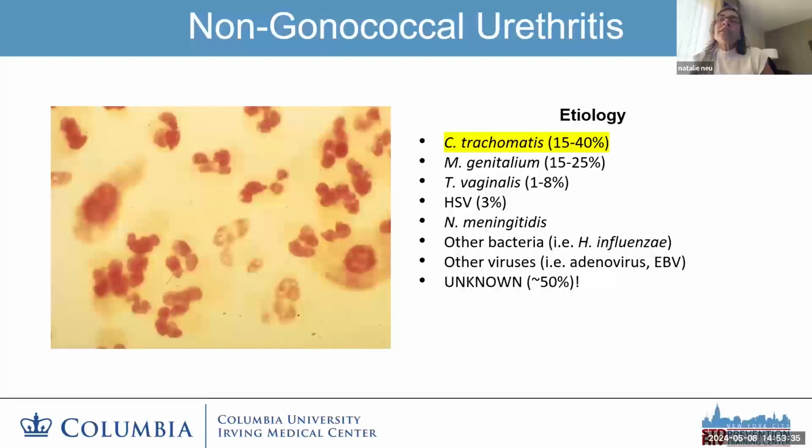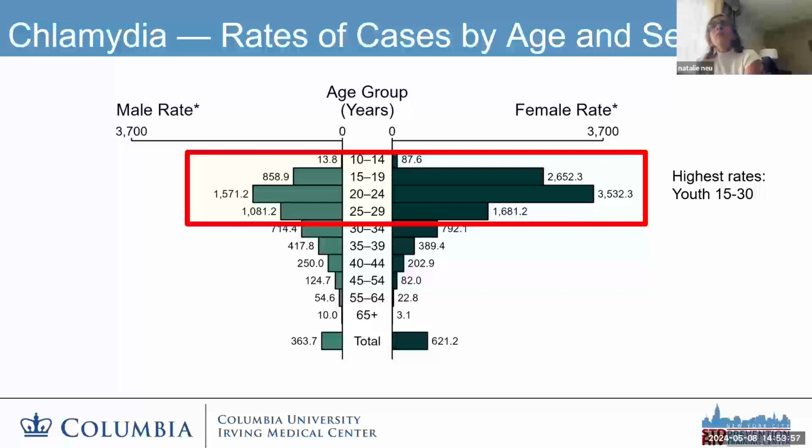There are other diseases that we're not going to talk about today that you need to know as well. Mycoplasma genitalium, because if you use one of those big screener tests, it often comes up. Trichomonas, herpes, and other bacterial organisms can also cause urethritis. Next slide.